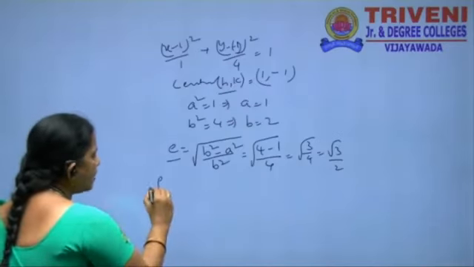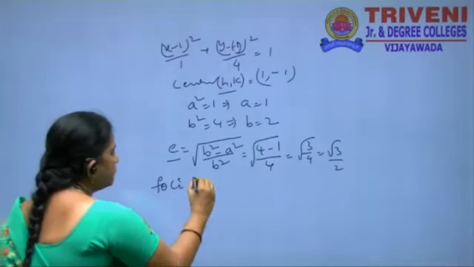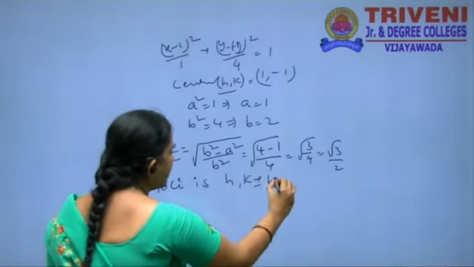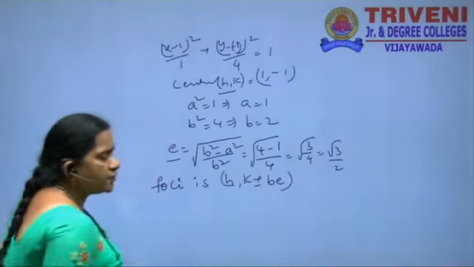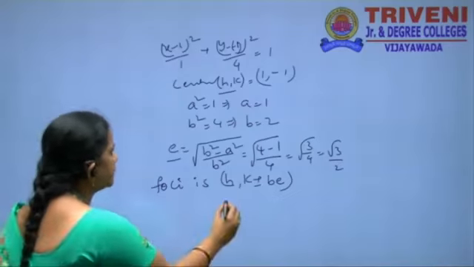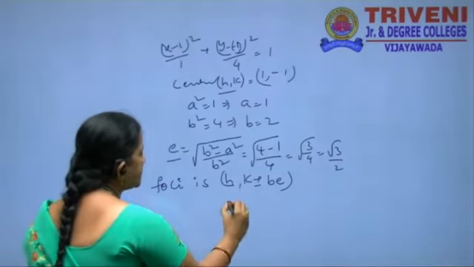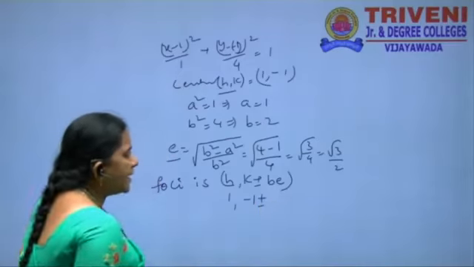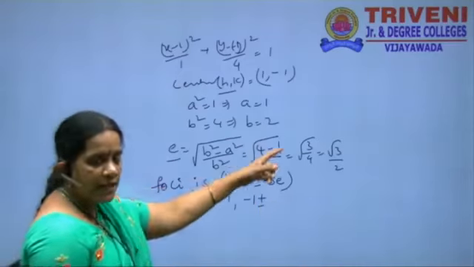What is the formula of foci here? Foci is h comma k plus or minus b e. Already you know the values of all h, k, b and e. Substitute here. What is the value of h here? 1, and k is minus 1 plus or minus. What is the value of b here? 2.